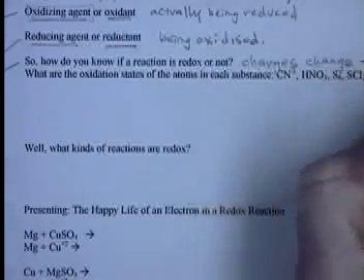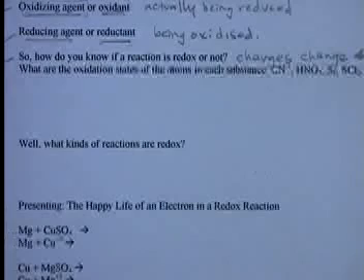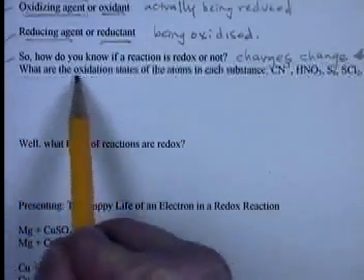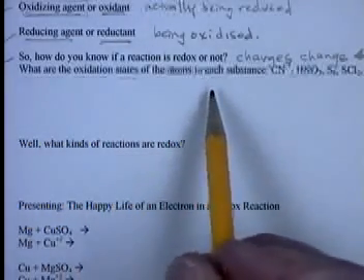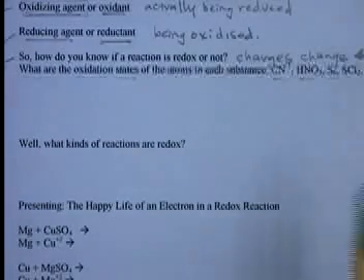And to know whether these charges actually change or not, we need to be able to assign oxidation numbers or charge numbers to every element in a particular substance. There are some specific rules for doing this that we learned back in chapter 4. We'll review them briefly, and we'll do this sample problem where it asks what are the oxidation states or oxidation numbers in each of these substances.